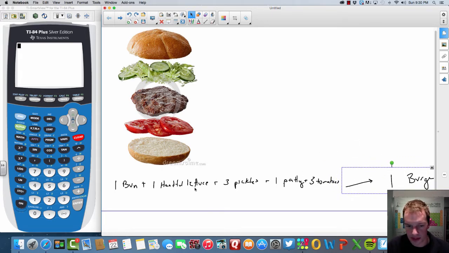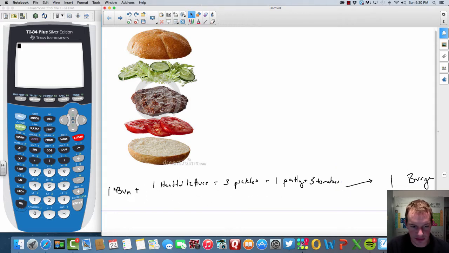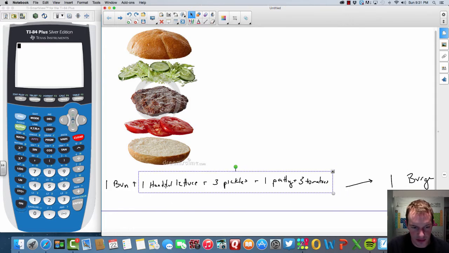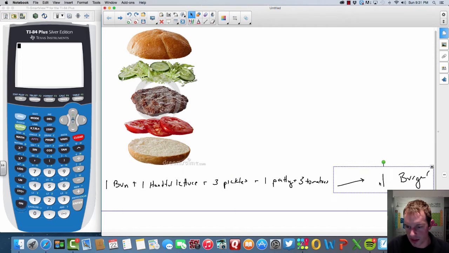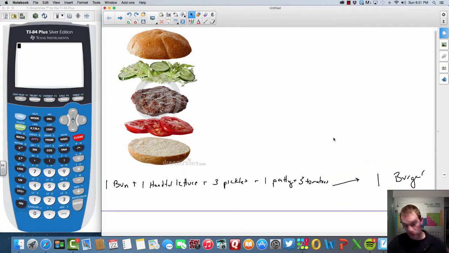Sorry about the confusion here, just trying to get it all on the same page. Okay, and that's going to give us the recipe for a burger.